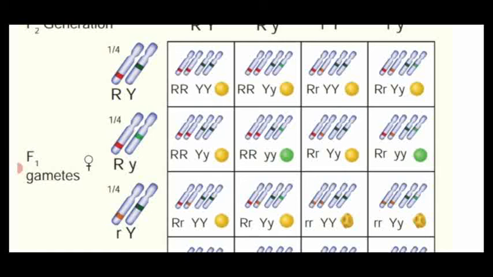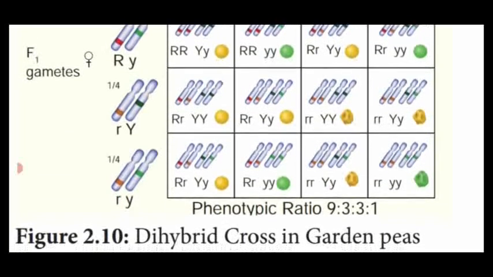Then the fourth box column: capital R, small yy, green. In the third row there is nothing. In the fourth row, second box column: capital R and small yy, green. So how many are there? 1, 2, 3 are there.